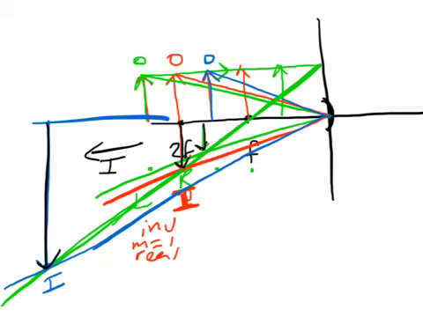So that tells us that as the object goes to the focal point, the image is going to infinity, going further away. This is in keeping with our understanding that parallel light rays, which would be light rays coming from infinity, from a very distant object, would reflect to the focal point.